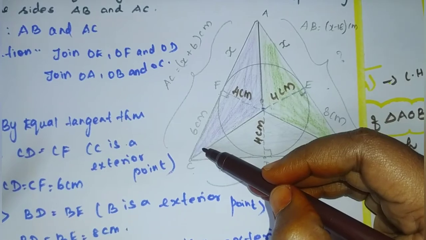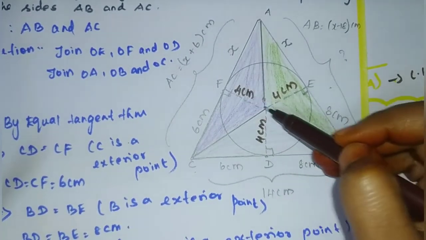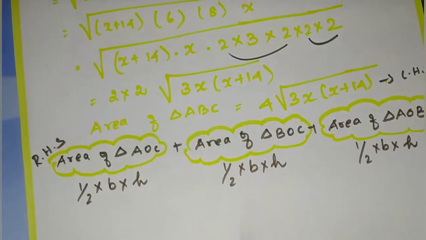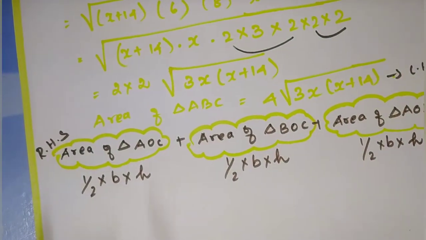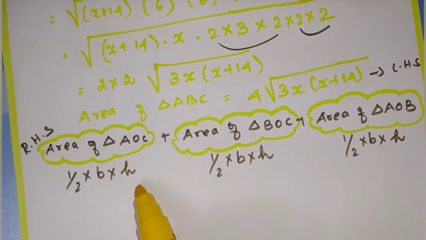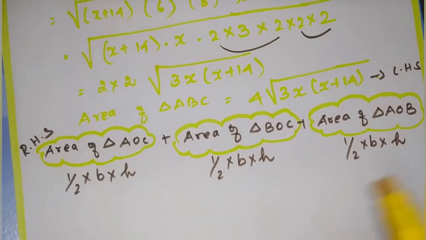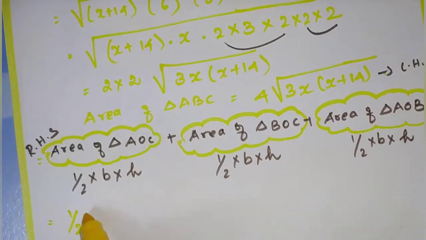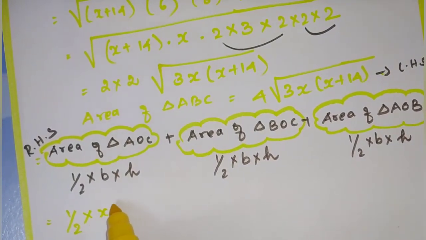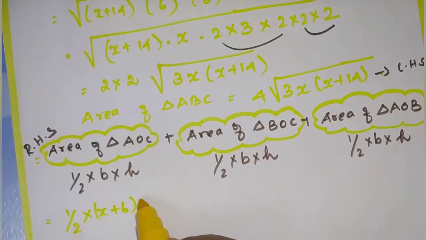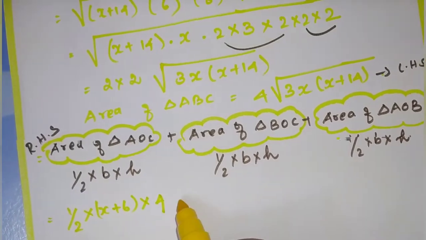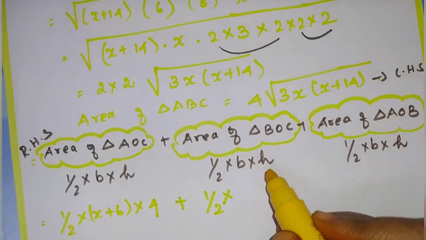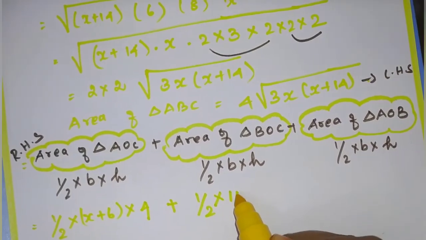AC is a base and OF is a height, that is 4. For all the problems, height is 4 centimeter. So I'm going to substitute: half into x plus 6 into 4, plus half into, for this triangle the base is 14.